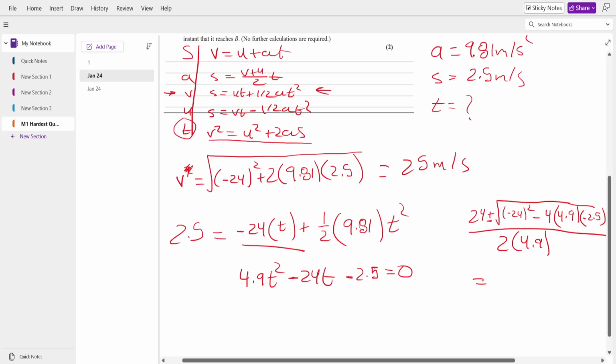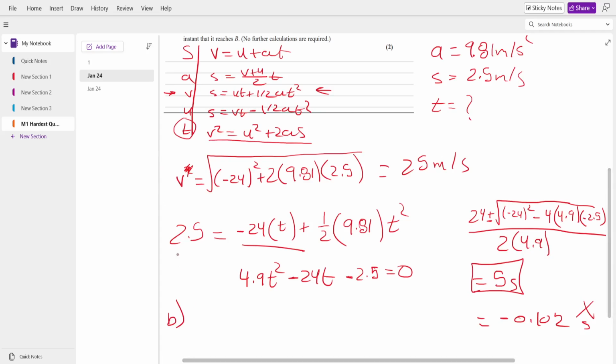The first one is plus the square root of 24 squared minus 4 times 4.9 times negative 2.5, over 2 times 4.9. This is going to give me an answer of 5 seconds and another answer of negative 0.102. Obviously I don't have a negative time, so I will disregard this answer and I will take t equals 5. So for part B, t equals 5 seconds.